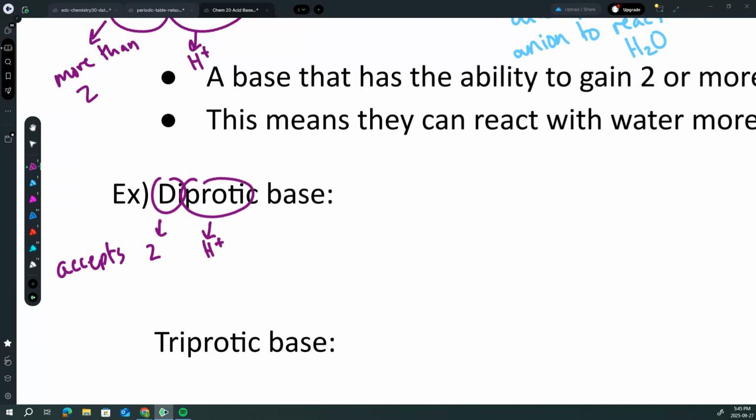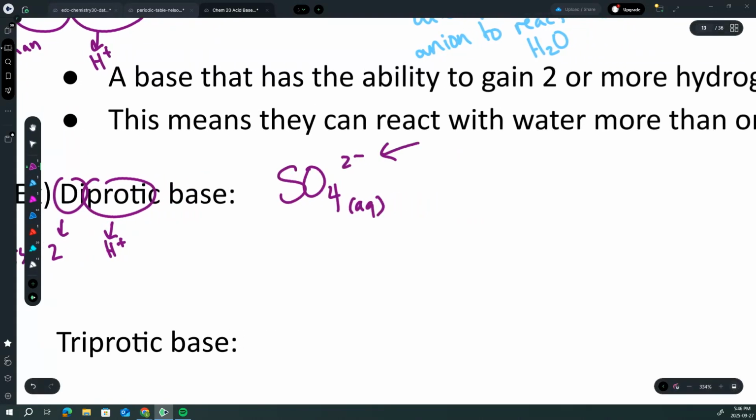So for example, let's say we have sulfate ions, so that's SO4 2 minus, aqueous. So the 2 minus tells us that this can accept 2 hydrogens. Plus water.